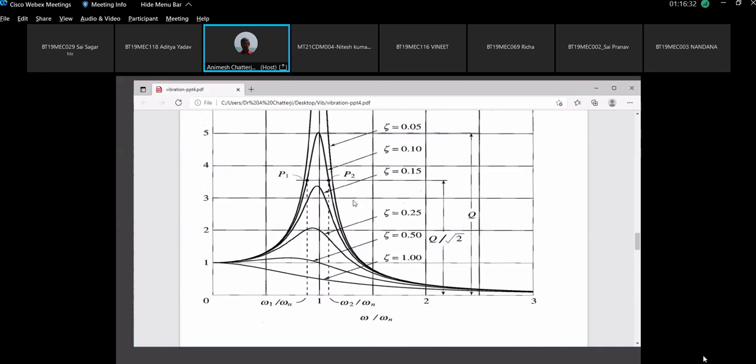We will do that a week later. Energy loss per cycle is pi C equivalent x square into omega. But that is a week later. Right now, from this graph we cannot comment on energy loss; we can only comment on the amplitude of vibration. For energy loss another mathematics comes, we will do it next week.